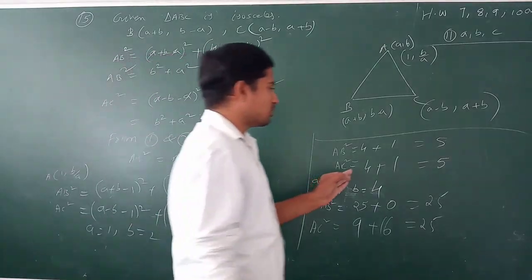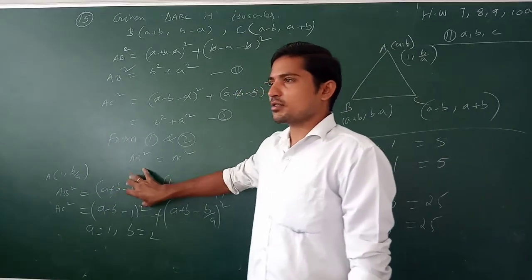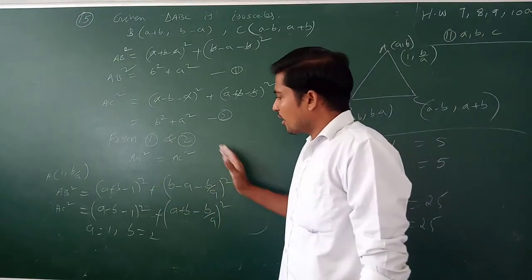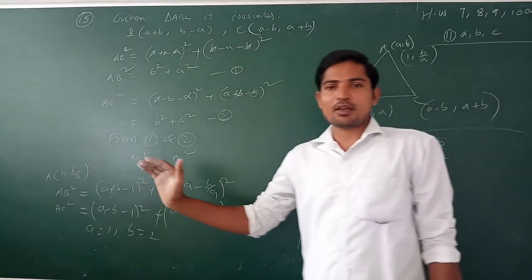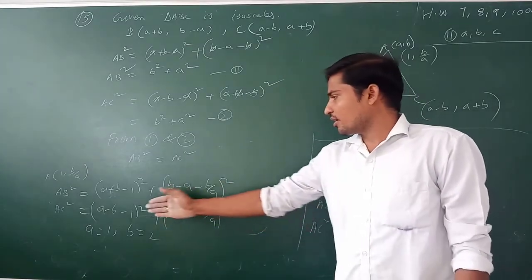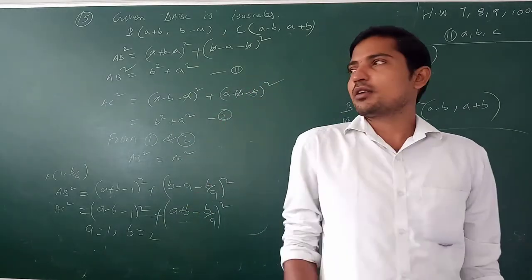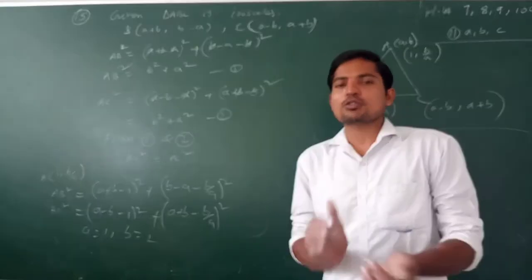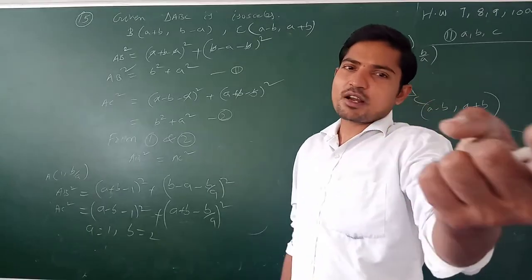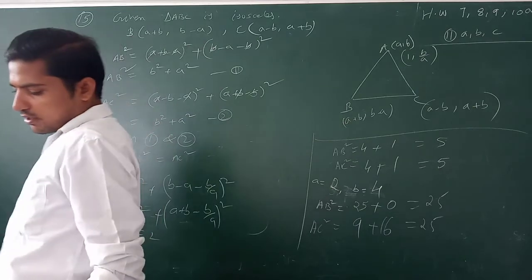Otherwise, if you can't do it like this, apply the formula A plus B minus C whole square, A minus B minus C whole square, and expand, thereafter simplify, thereafter finally we'll get a value, and keep it aside, and for this also apply the same formula, finally we'll get a result. Whether these two results are equal or not. Suppose those are equal, we can decide that these two sides are equal, which becomes an isosceles triangle.